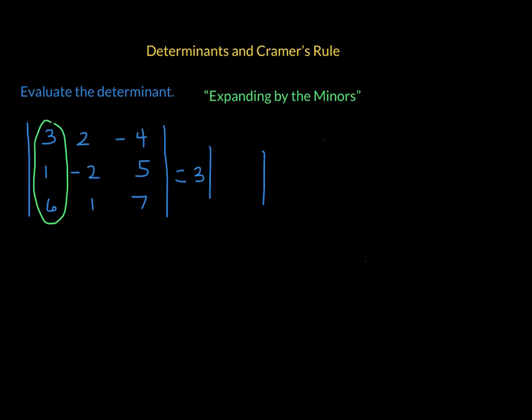Next, it will be 1 times, because 1 is the next entry in the column, 1 times the determinant of the 2 by 2 matrix found by eliminating the row and the column containing 1. So it'll be the determinant of this 2 by 2 matrix, 2, negative 4, 1, 7.